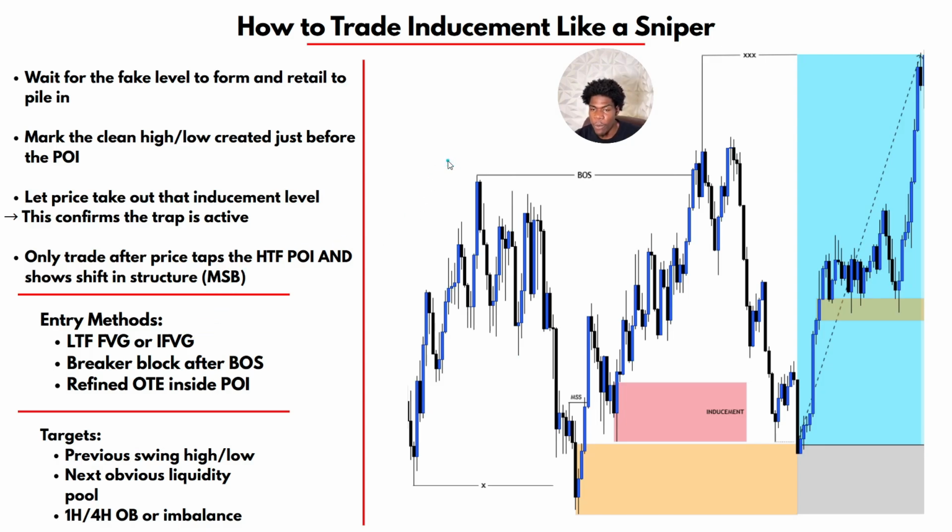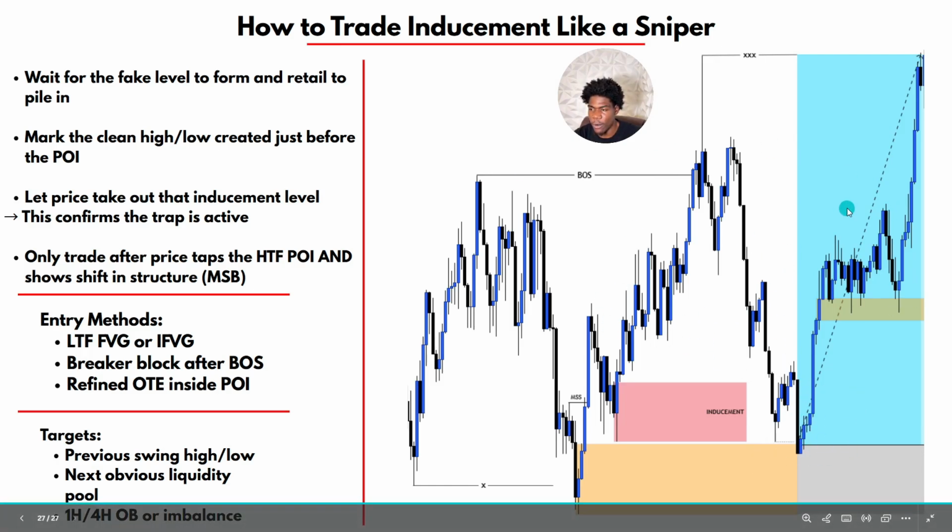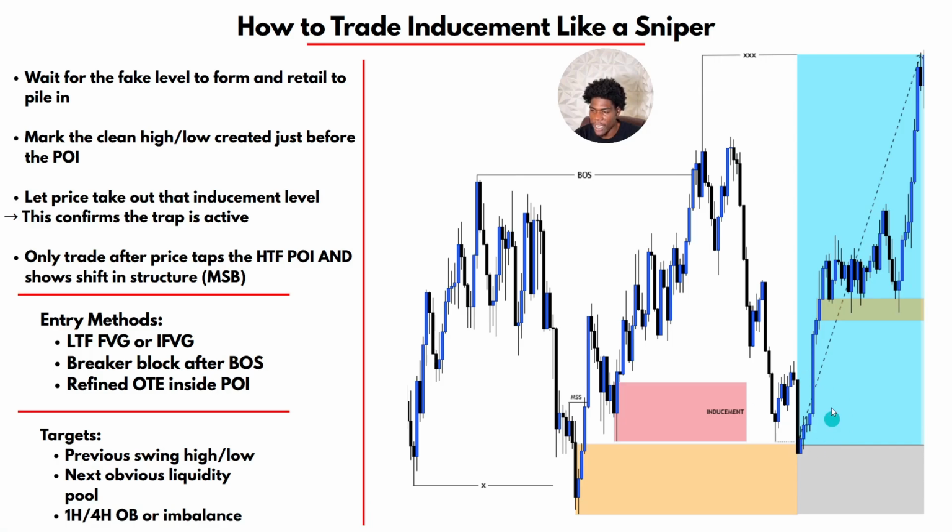And then for number four is to only trade after price taps inside of the higher time frame point of interest and then gives you a market structure shift or a market structure break, right? As you can see right here, this is just the higher time frame zone. Me personally, after price taps inside of my zone, I will scale in on the lower time frame to find me a confirmation entry right here, right?